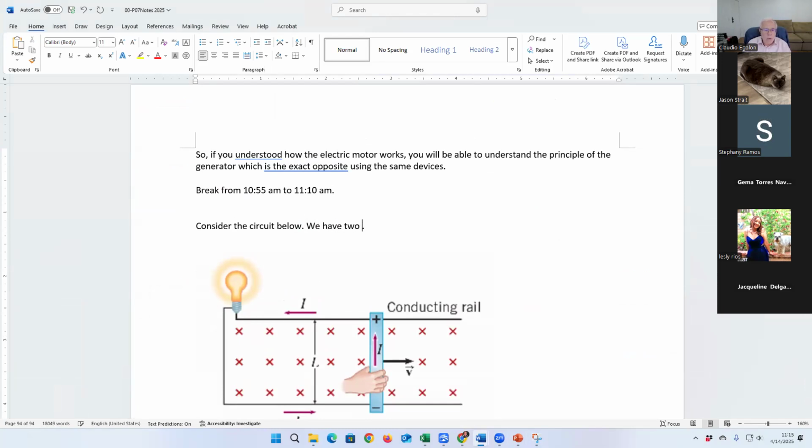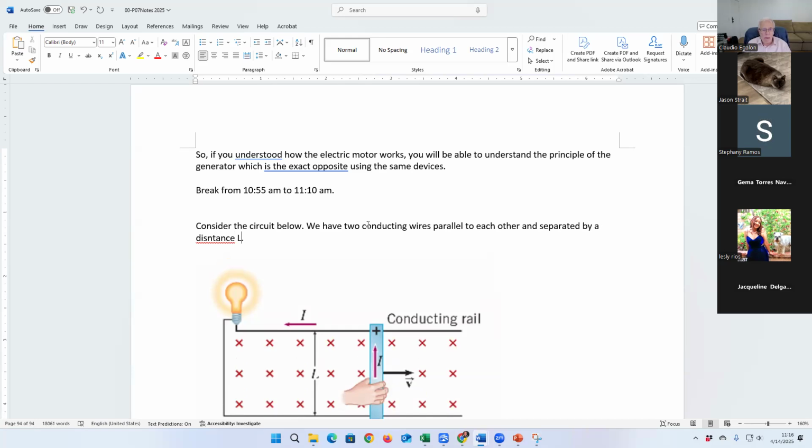We have two conducting wires parallel to each other and separated by a distance L. There is a B field of intensity B pointing into the board.